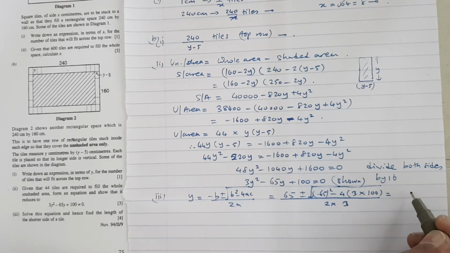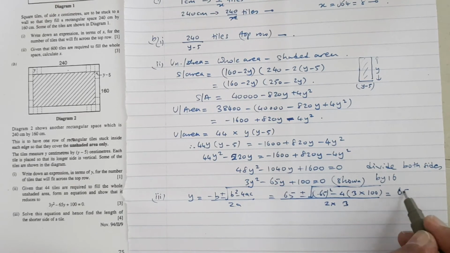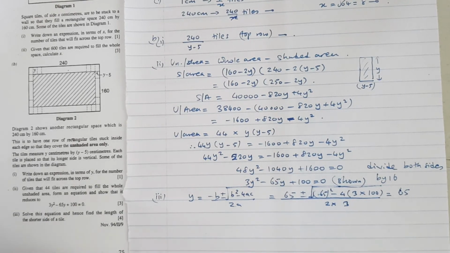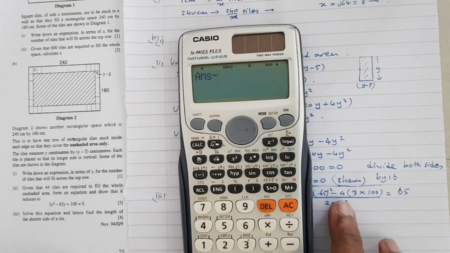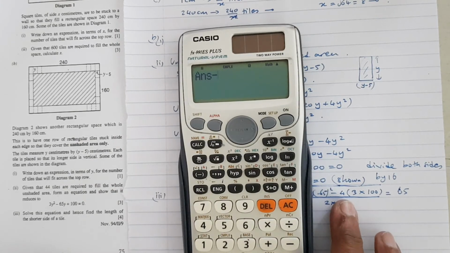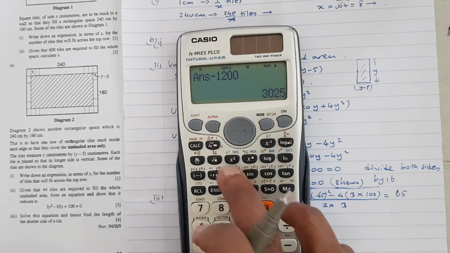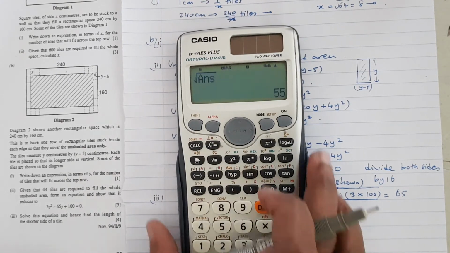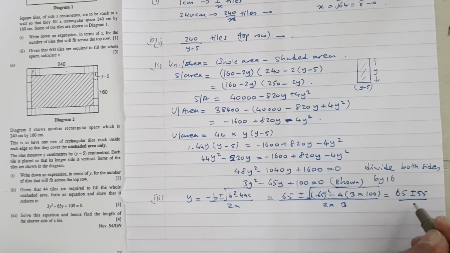Then this becomes 65 to the square, minus 4 times 3 times 100, this is 1200, 3025, take the square root of that, 55. So plus or minus 55 divided by 6.